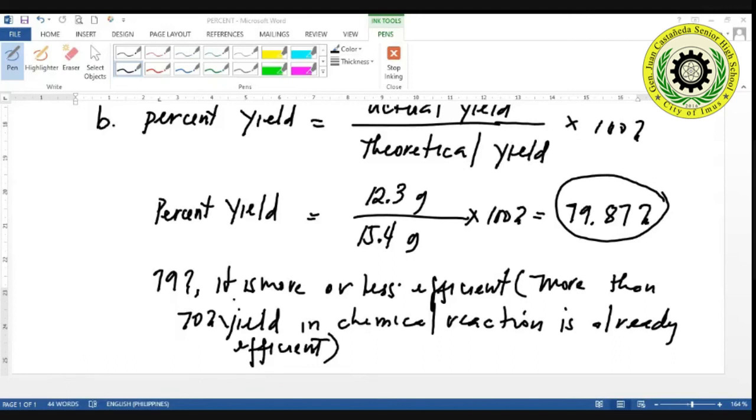So kapag mababa ang percent yield, it describes a reaction that is extremely far off from the expected result. So that means that the production is being completed inefficiently. Alam naman po natin na a lack of productivity destroys even the strongest companies because it wastes money and time.